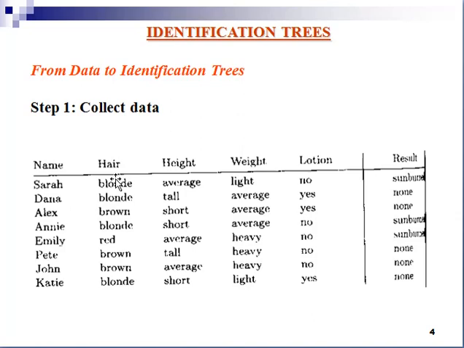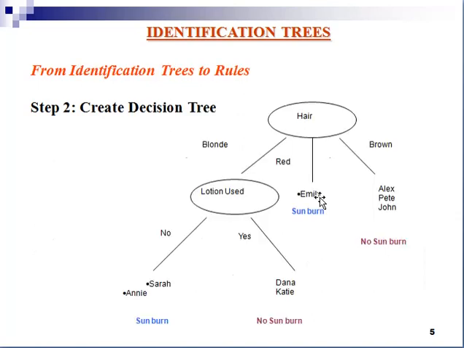So this means that we need to associate another attribute here, which can be lotion, and if we combine these two attributes, then we can assign our resultant column. So for the blonde, we are also using this attribute lotion used, and by the combination of these two, we can see that Sarah and Annie are the ones with no sunburn. On the other hand, Dana and Katie will have sunburn.